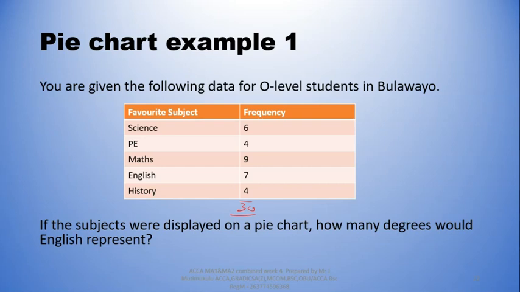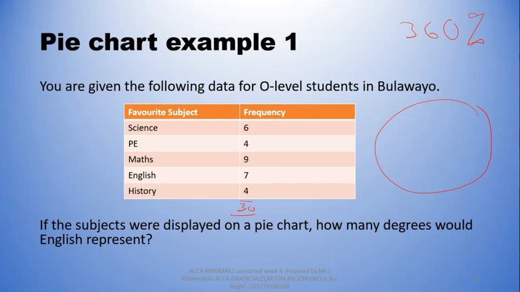Once you get this, we know a pie is a circle. And a circle has got how many degrees? A circle has got a total of 360 degrees. That's what we know so far.